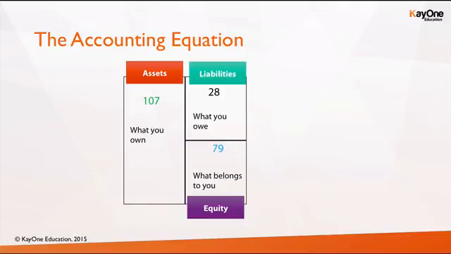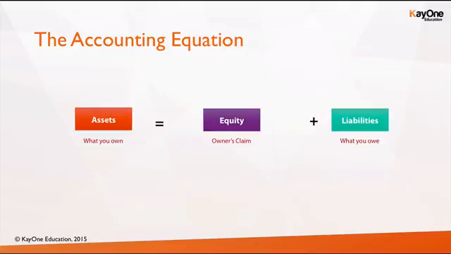The accounting equation is derived from this logic. And in mathematical terms, the accounting equation states that at any given point in time, assets equal equity plus liabilities. So assets usually comprise things such as cash, property, equipment, and so on.